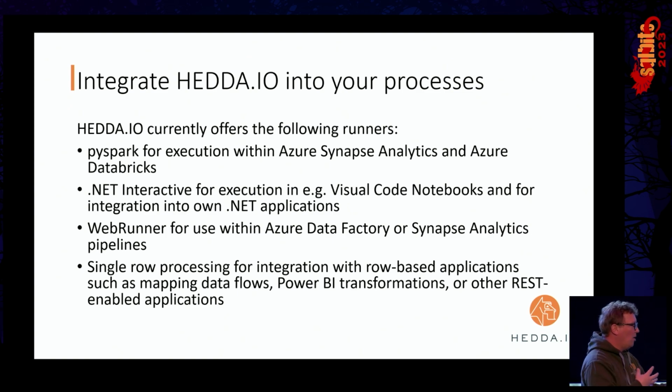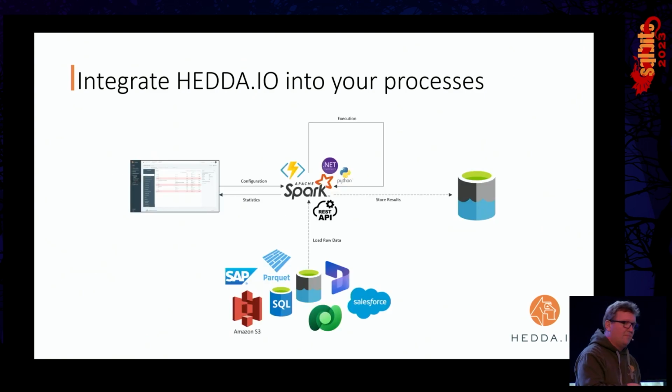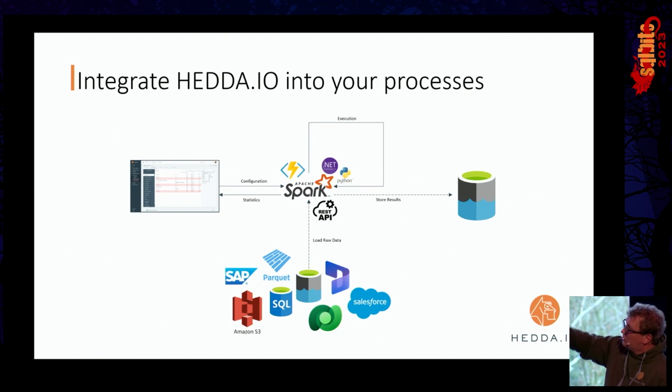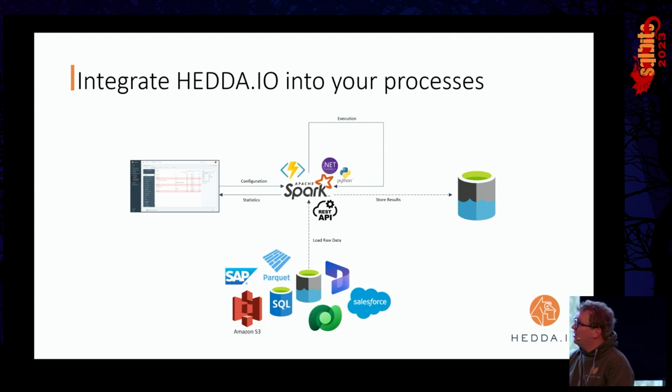So we use the power, for example, of Databricks, and not the power of anything that is included in Header. And you see that here in the graphics. On the left side, you see the configuration. Then we push this configuration into our runners, and then you can execute that and reference that, for example, in your Spark environment, and store the results, for example, again in your data lake.